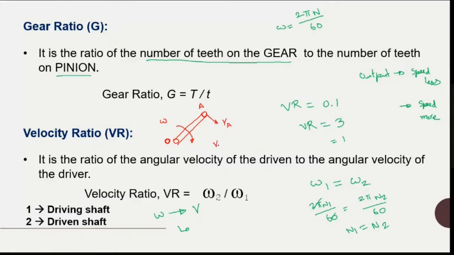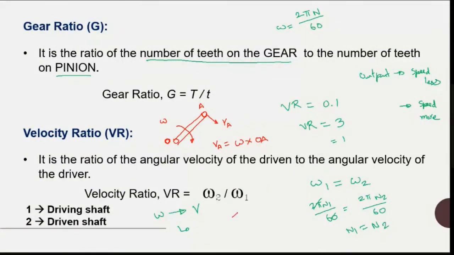What is this VA actually? Distance into angular velocity, so it is omega into R, your distance OA, right? Yes or no? Yes, sir.